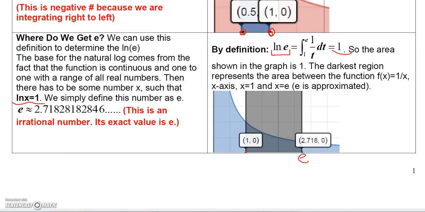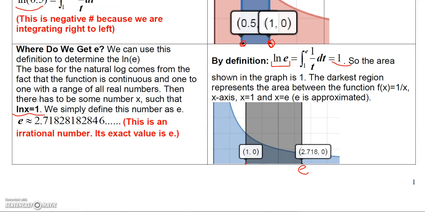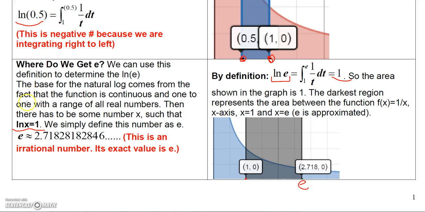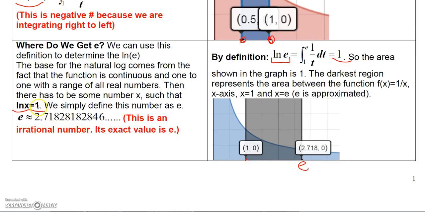Now, where do we get the number e? Well, e is actually the number whose natural log is 1, because since this function is continuous and one-to-one, and the range is all real numbers, then there must be a value that you can plug in that'll give you 1. And it turns out that for the natural log function, that value is this number e, which is an irrational number.